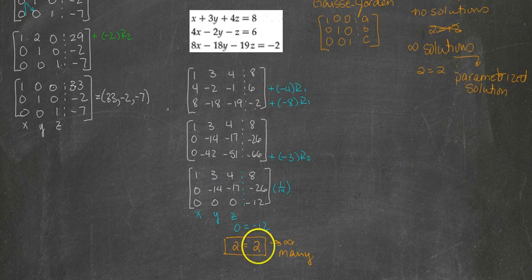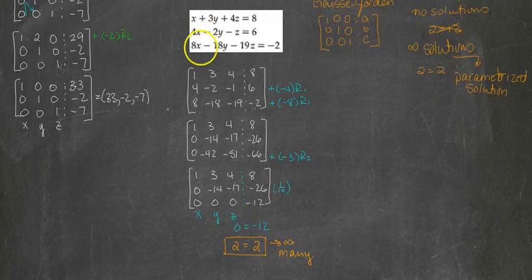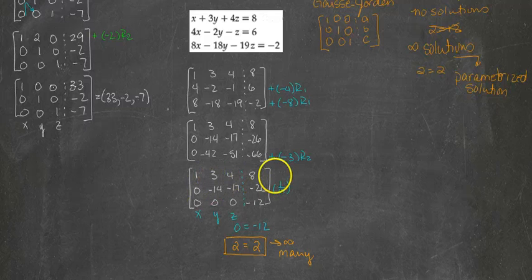Since I got to an identity when I solved the matrix, all that tells me is that every x, y, and z would make this true, or in this case, every x would make this true. And so there are infinitely many solutions, even if they're different y and z's. There are infinitely many x's I could choose from, and any x will make it true.